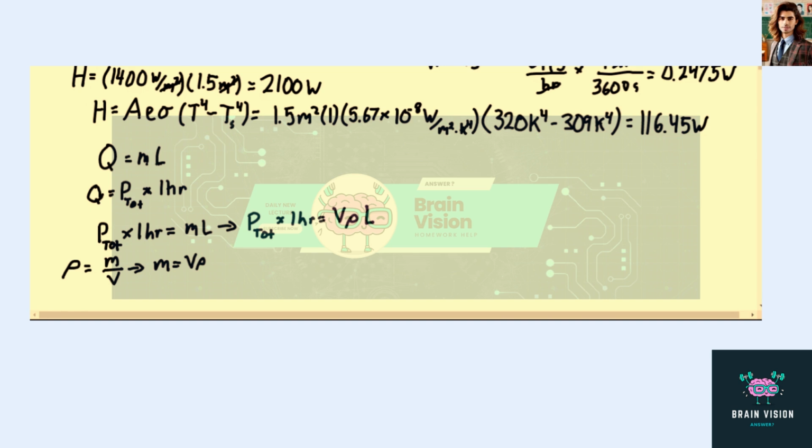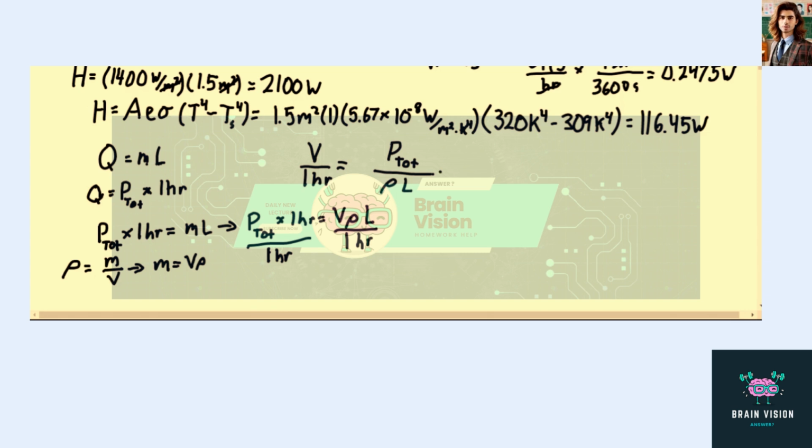So we're going to need to divide P total times 1 hour by 1 hour, divide both sides by 1 hour, and then we'll need to get rho times L on the other side. So to figure out the volume of sweat that this person needs to produce in 1 hour, we need to determine the total power, or the amount of heat incident on this person, divided by the density times the latent heat.